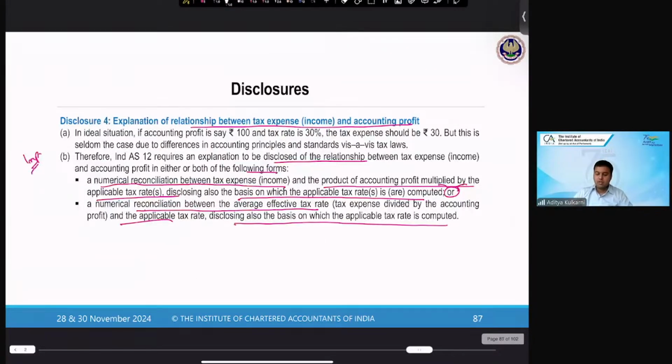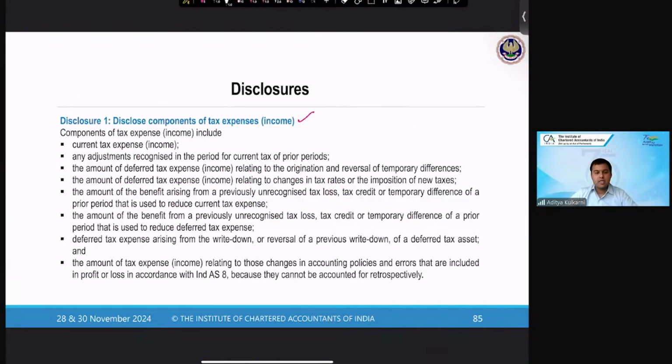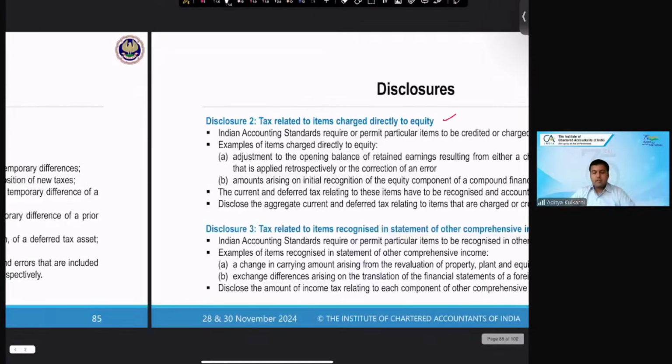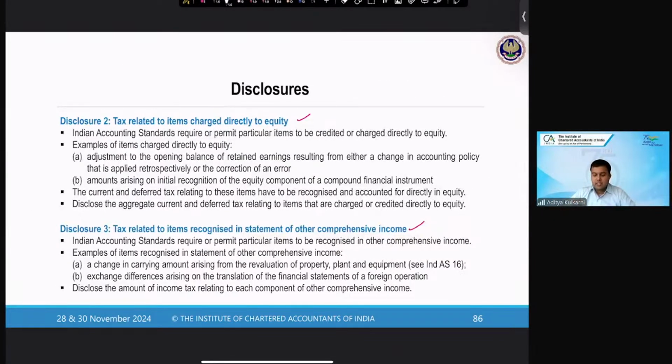You should disclose the components of tax: current tax, deferred tax, prior period tax, MAT credit utilization, all these things. Next, tax related to items charged directly to equity you need to disclose because it is not appearing separately on the face of the P&L.